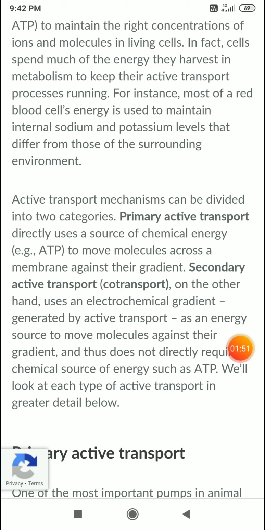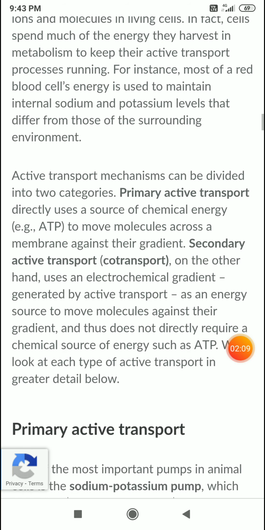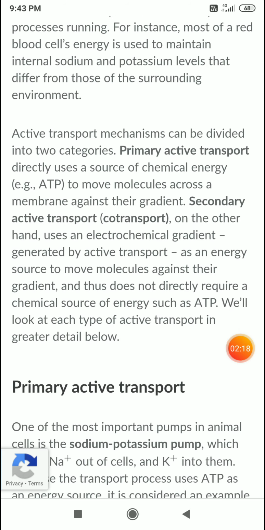Secondary active transport, also called co-transport, on the other hand, uses an electrochemical gradient generated by active transport as energy, to move molecules against their gradients. It does not directly require a chemical source of energy such as ATP.